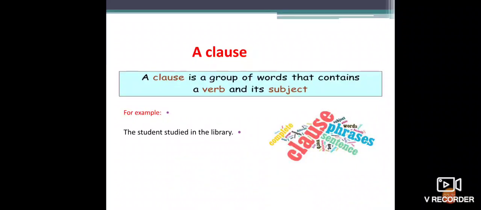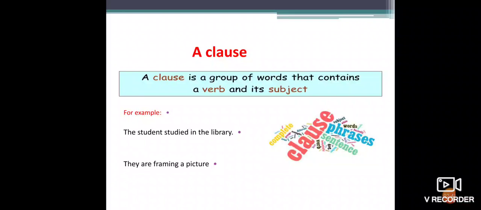And here, we can describe this clause to be a main clause, as it can stand by its own and gives meaning. Another example, they are framing a picture. Here it's also a clause as it has a subject which is they and its verb which is are framing.